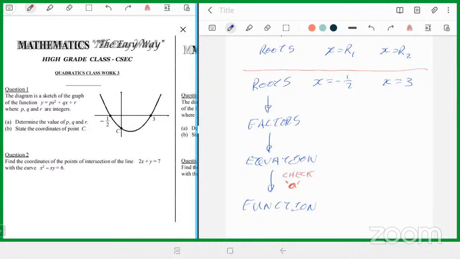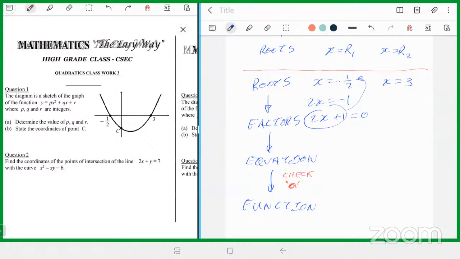So if we think of reversing how we would get the root from the factor, reversing it. So I can show you. We would multiply up the 2 first and get 2x equals -1. And then we would transpose the 1 and get 2x plus 1 equals 0. And so this is the factor that would have given us that root.